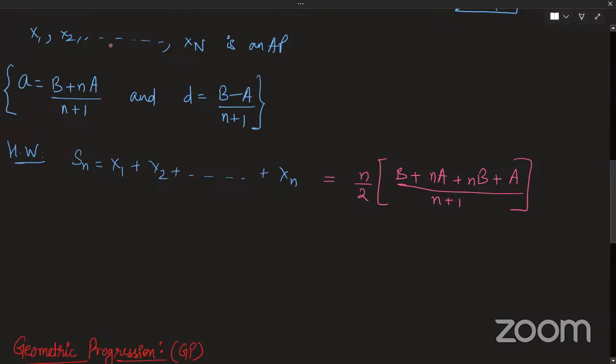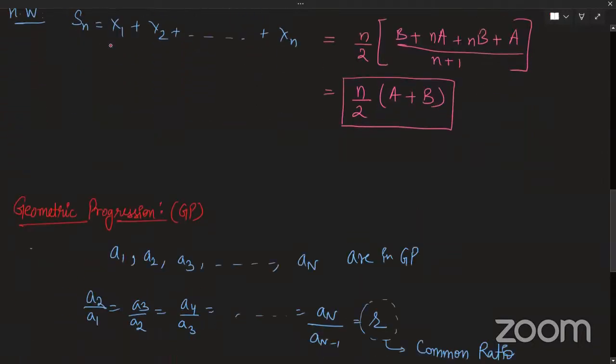Are you telling me this? Can you take out n plus 1 also? Yes, it is possible to take out n plus 1 from here. So it is n plus 2 into a plus b, right? That is what you're trying to say? Everyone else, please confirm if his answer is correct or not.